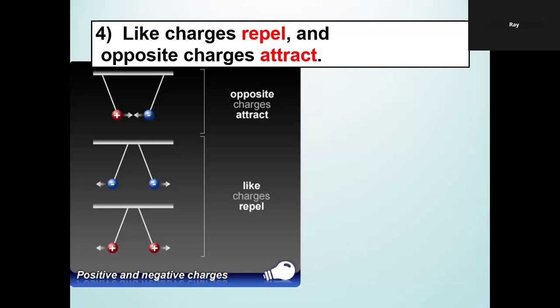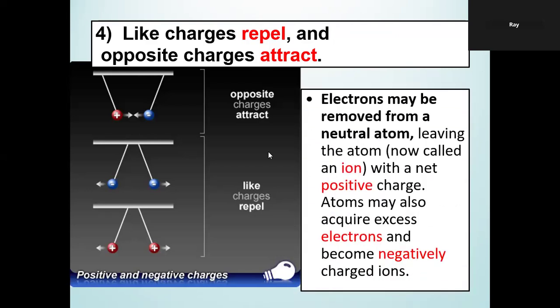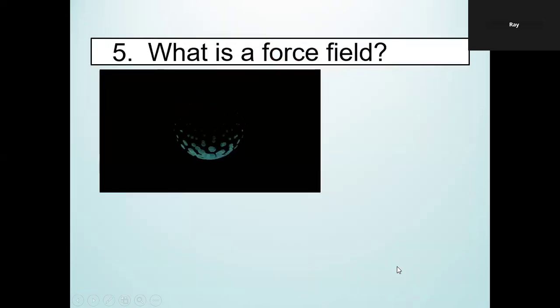Okay, like charges repel, opposite charges attract. Electrons may be removed from a neutral atom, leaving the atom called an ion, which has a net positive charge. Atoms may also acquire excess electrons and become negatively charged ions. What is a force field?